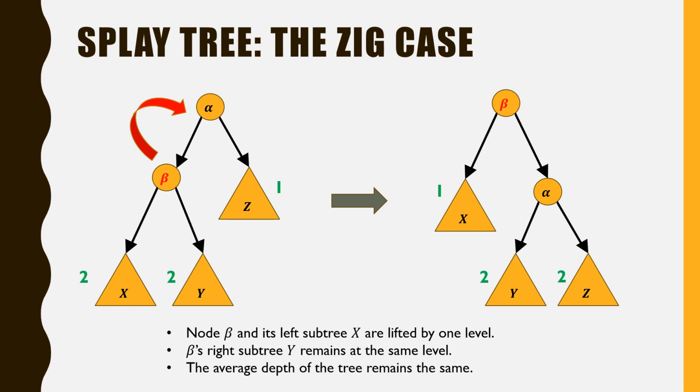By comparing the depth of the subtrees before and after splaying, we can summarize the following changes. The left subtree of beta, X, is lifted by 1 level. The right subtree of beta, Y, remains at the same level. Conversely, the subtree Z is lowered by 1 level.